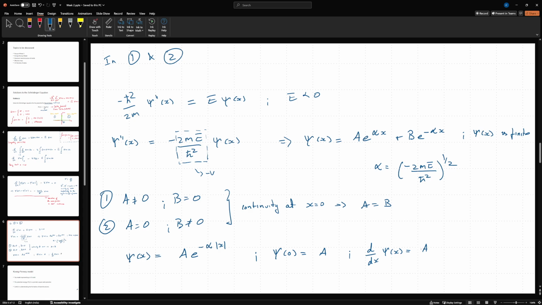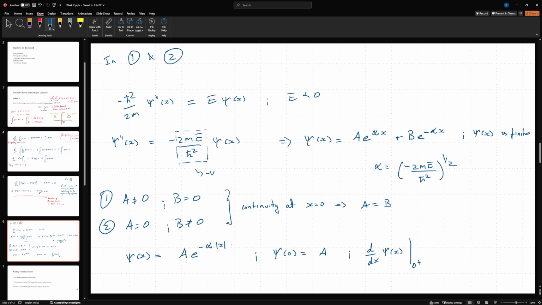So there are two possible cases. I will need to consider the case where x is negative and x is positive. Let me say at 0 plus.